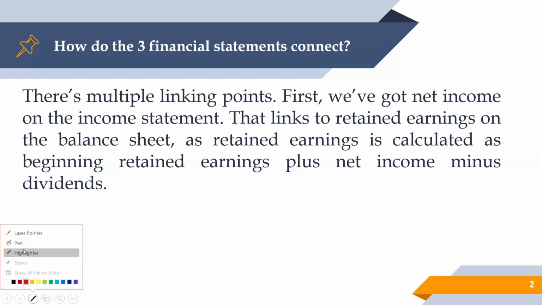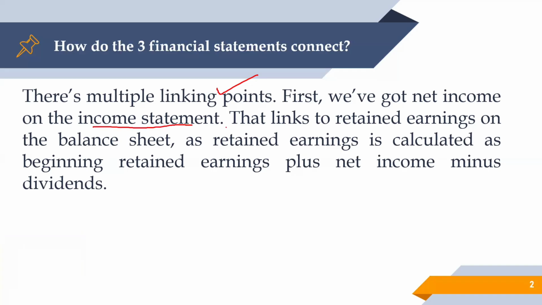Of the three financial statement linkages, one is net income from the P&L to retained earnings on the balance sheet, as retained earnings is calculated as beginning retained earnings plus net income minus dividends.